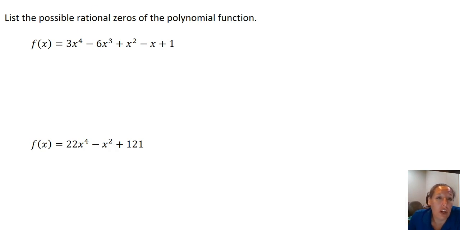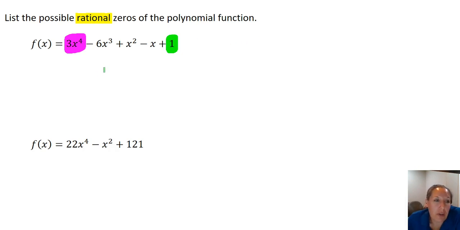We are only looking for those that are rational zeros, meaning something that we can factor and solve for x, and we get a whole number divided by a whole number. As we are looking at this, the only thing we are interested in is our leading coefficient, that leading term, and our constant.